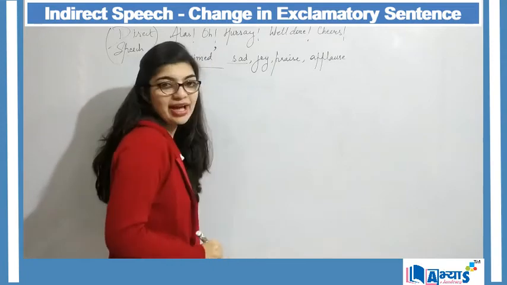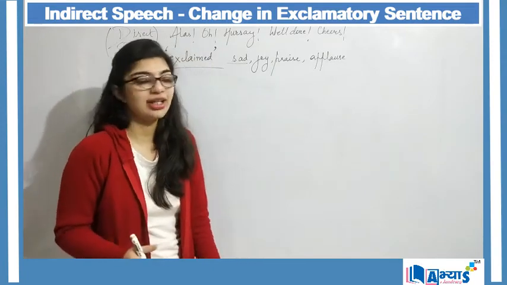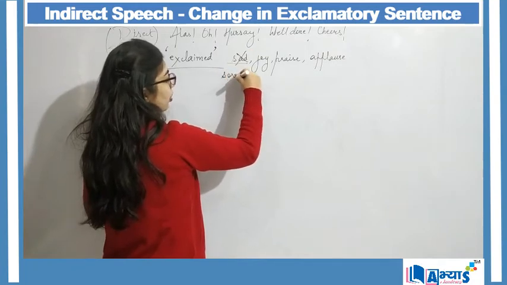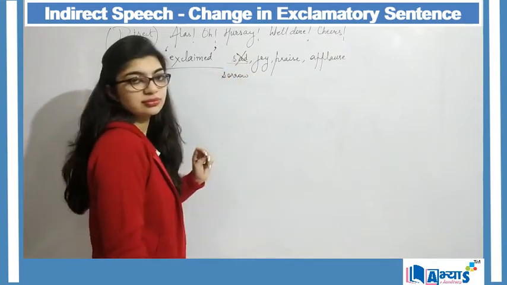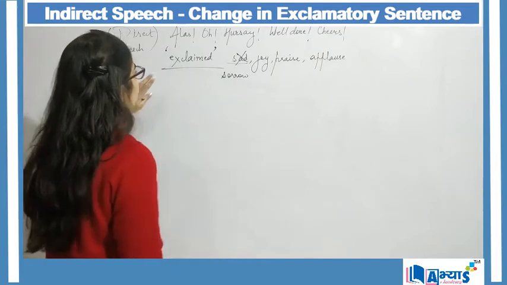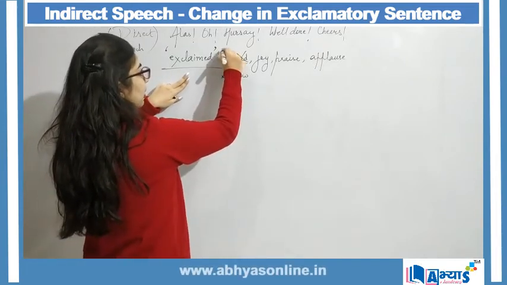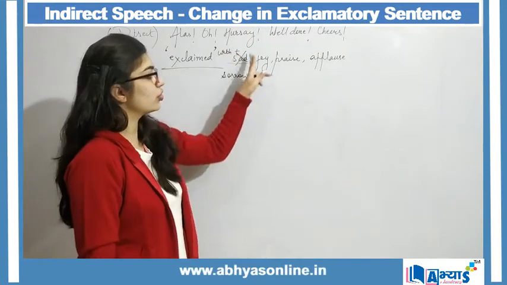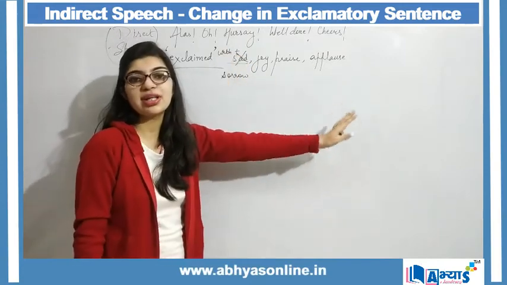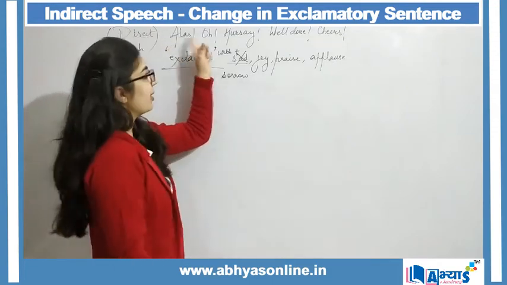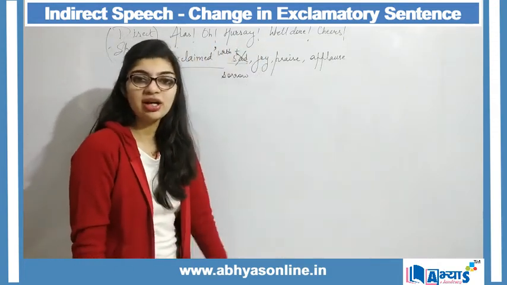Now here sad, we do not use the word sad. Instead of sad, we will use the word sorrow. So exclaimed with plus sorrow, joy, praise, applause. These depend upon the sentences or the type of interjections that we are using.